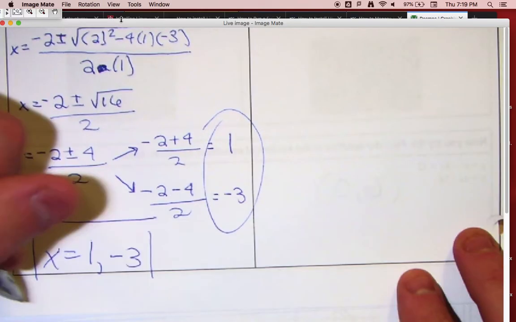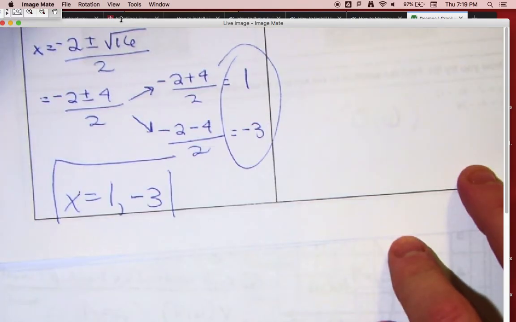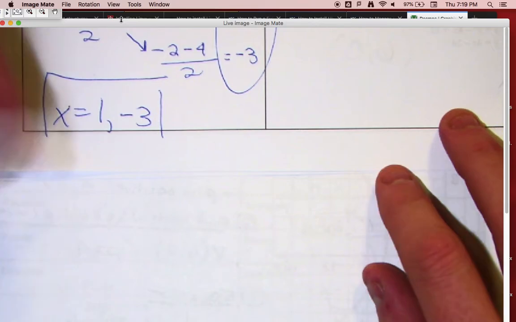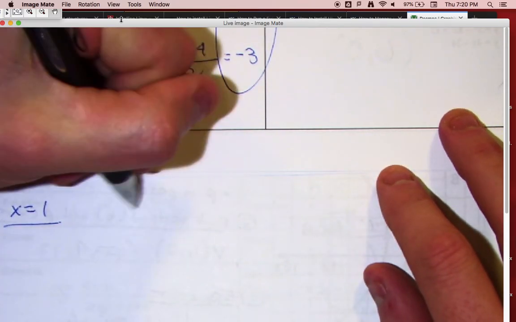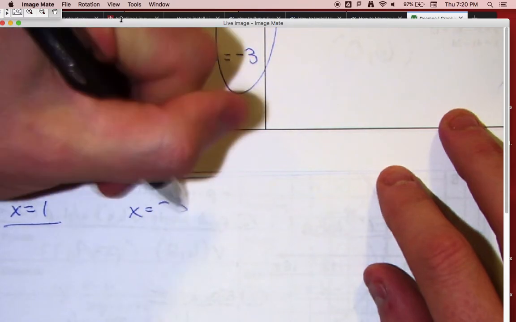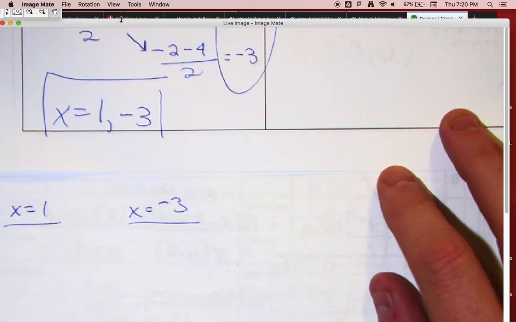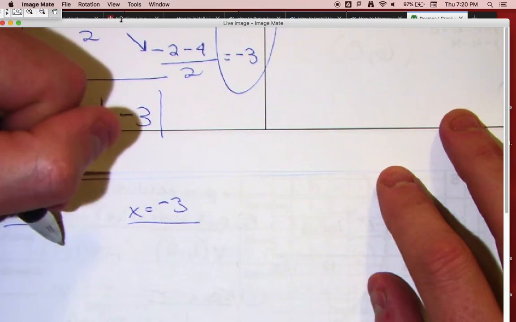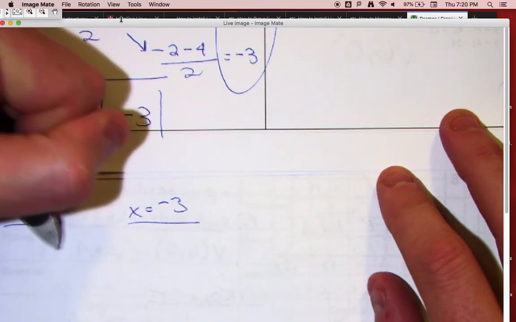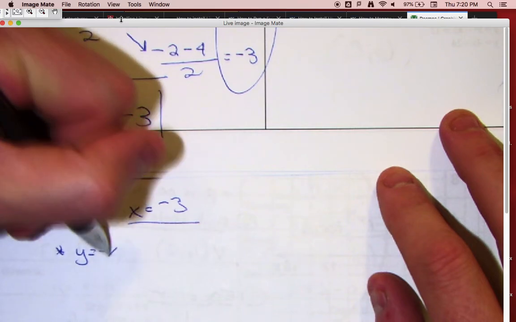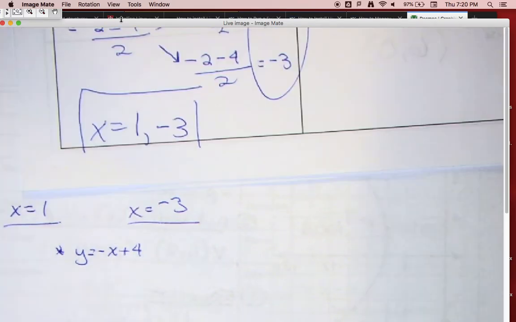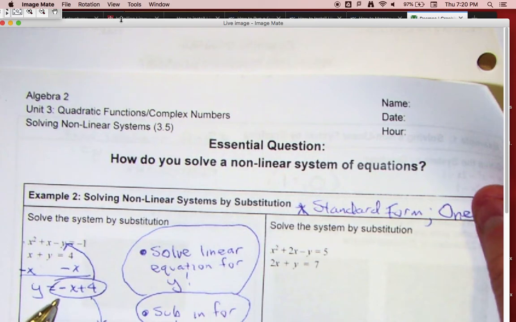Okay? So last part of this problem that I almost forgot is we have to take x equals 1 and x equals -3, and we got to plug them into the equation. So let's plug them into the equation y equals -x plus 4, which is from right up here.